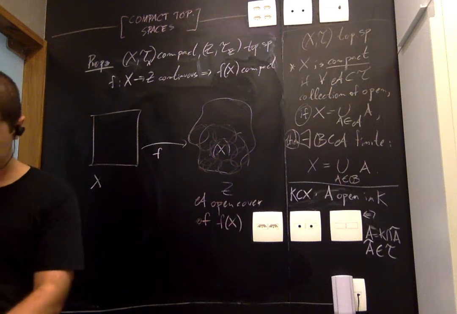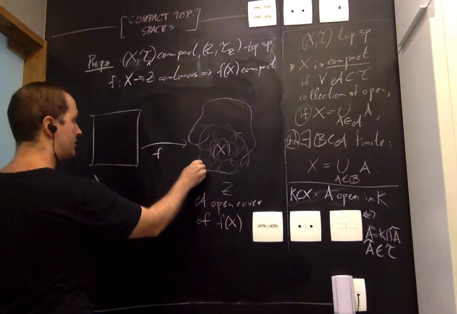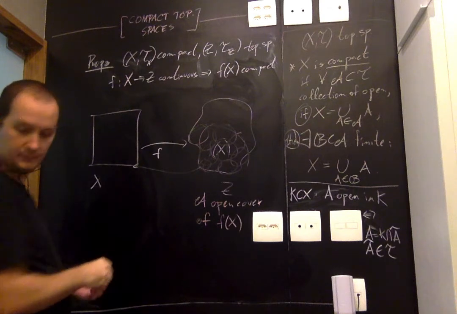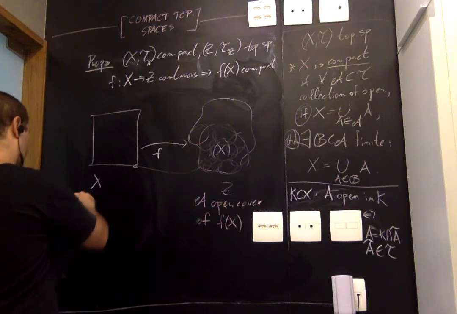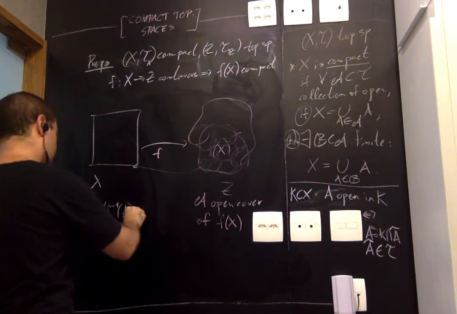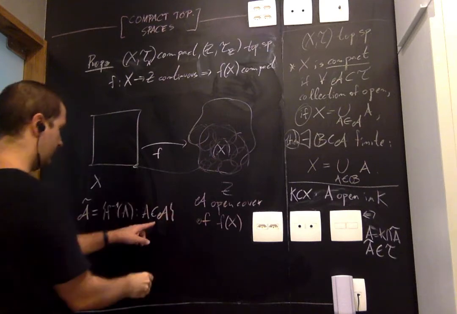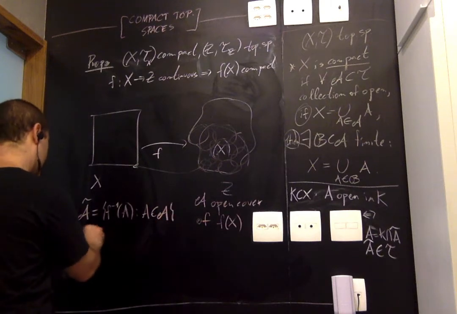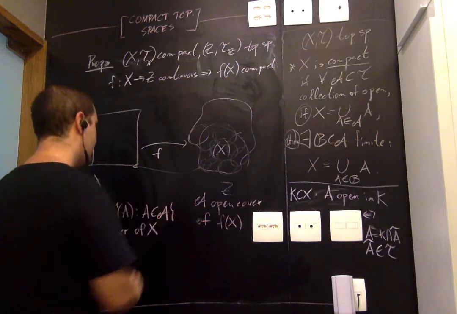Now I claim that when you look at the pre-images of these guys, so let me call this A tilde, f minus 1 of A in calligraphic A, this is an open cover of X. And why is that?